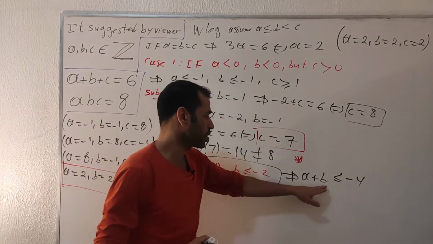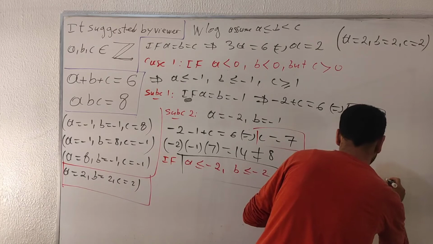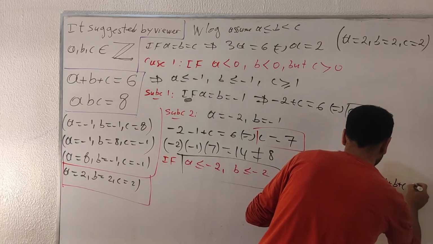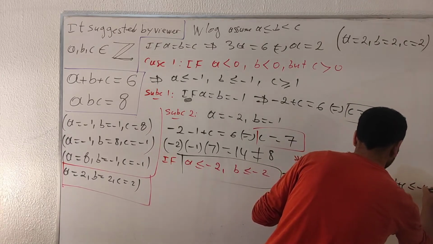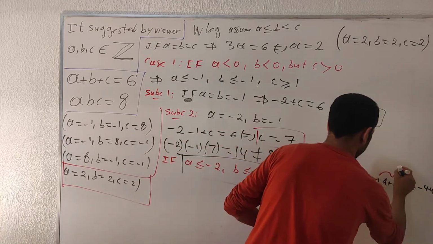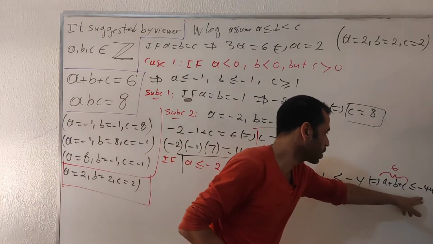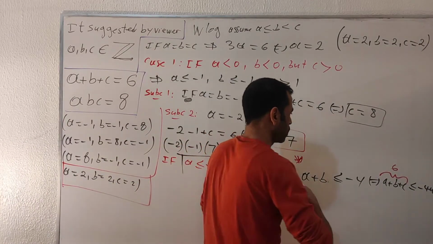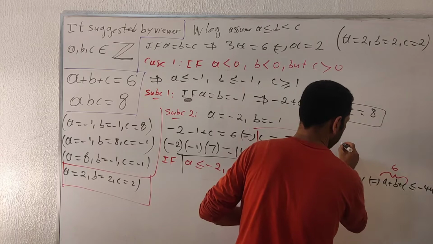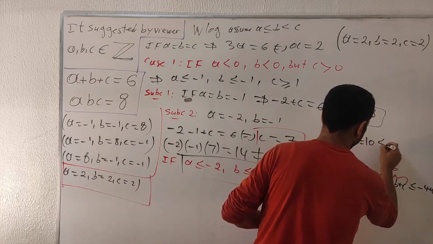Then by adding C on both sides, I get A plus B plus C is inferior to -4 plus C. We need this term to equal 6. By taking this -4 to the left, I get 6 plus 4, which is 10. 10 is inferior to C.